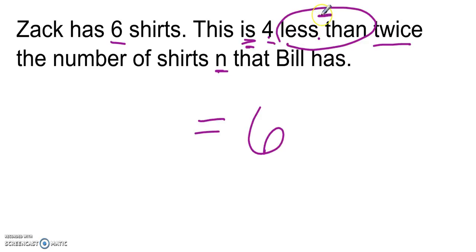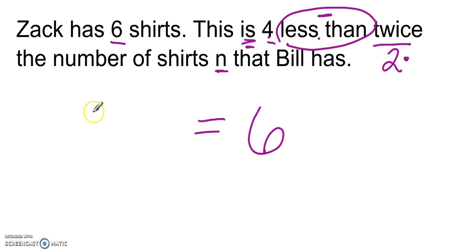Less than means subtraction, but it means subtraction afterwards. So I've got to know what I'm talking about and then take 4 off of that. Twice a number is telling me that I have 2 times something, and we're looking at 2 times the number of shirts. The number of shirts is what we don't know. It's asked us to use the variable n, so I need to use that.